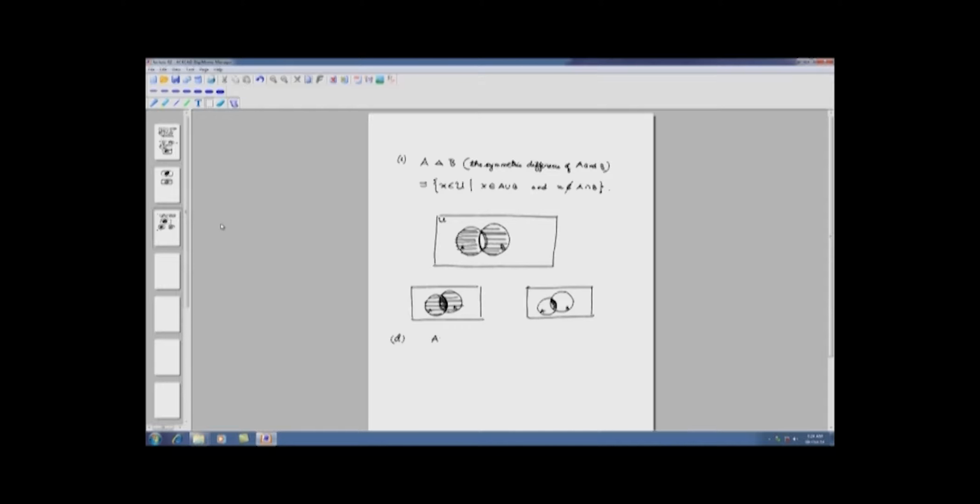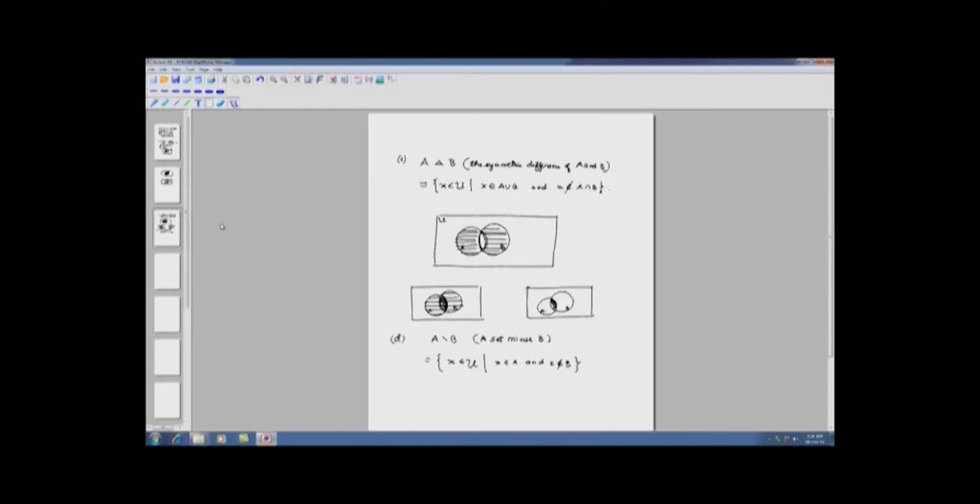One is A set minus B. This is the set of all x such that x belongs to A and x does not belong to B.